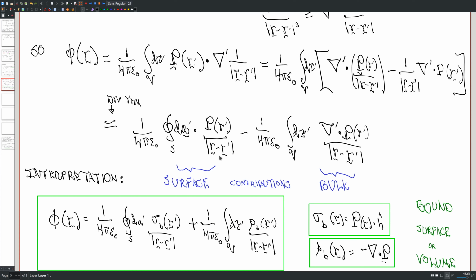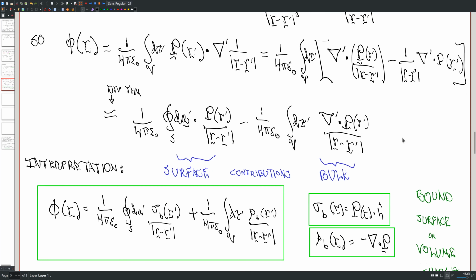And we'll give a little bit of an intuitive explanation why this is the case. For now, just quoting the formulas, this expression for the potential has the form of the potential coming from a distribution of charges on the surface and the potential coming from a distribution of charges in the bulk, where these densities at the surface and in the bulk are called the bound densities.